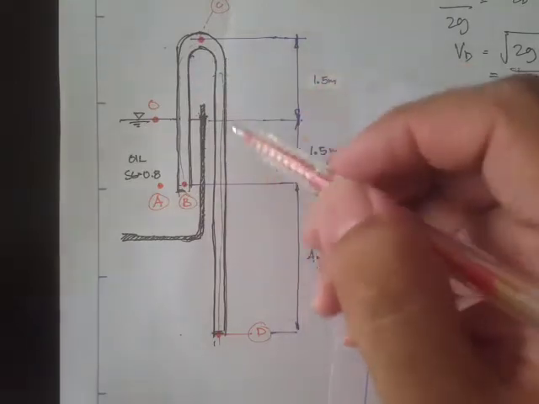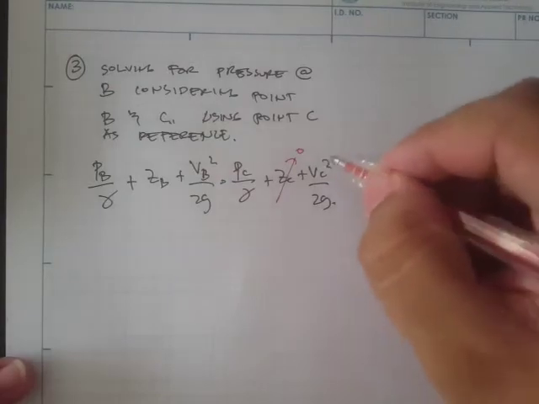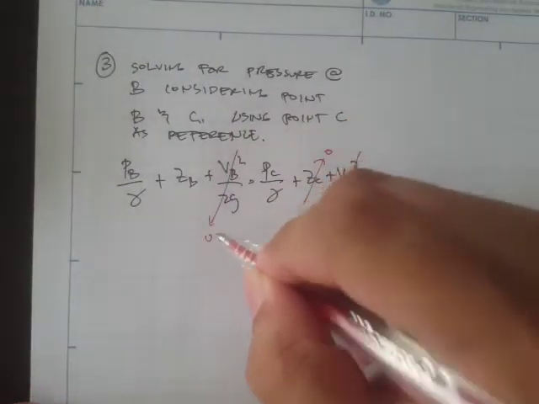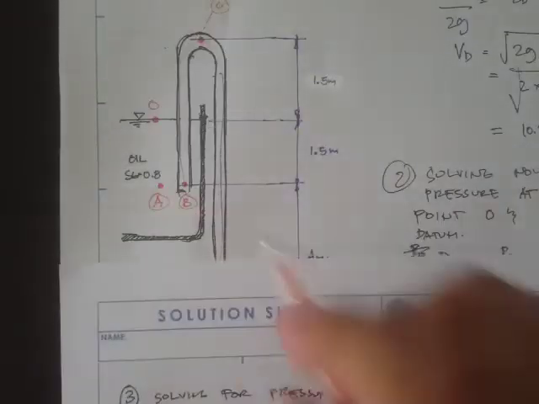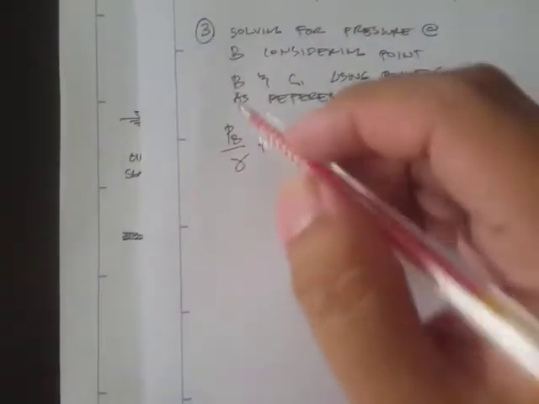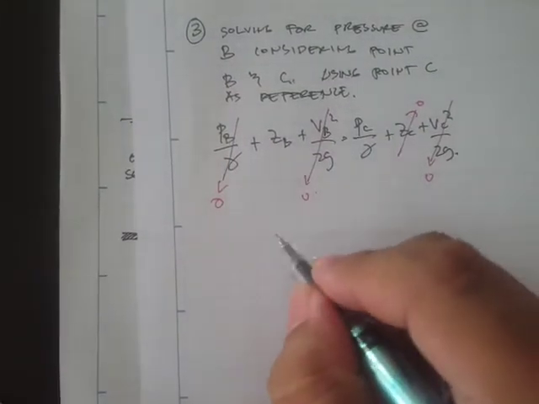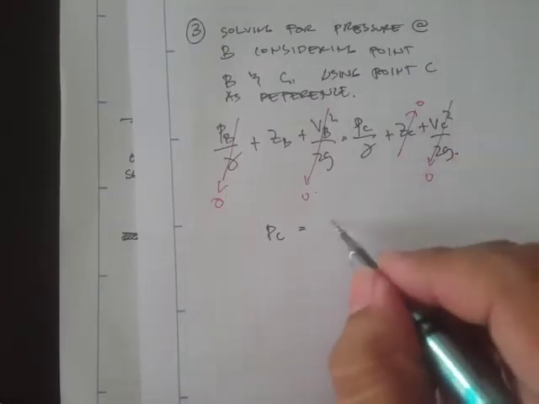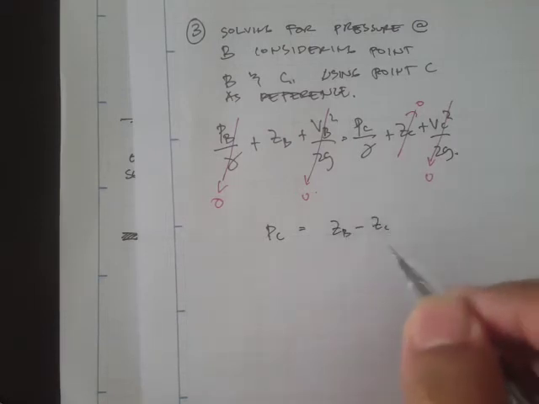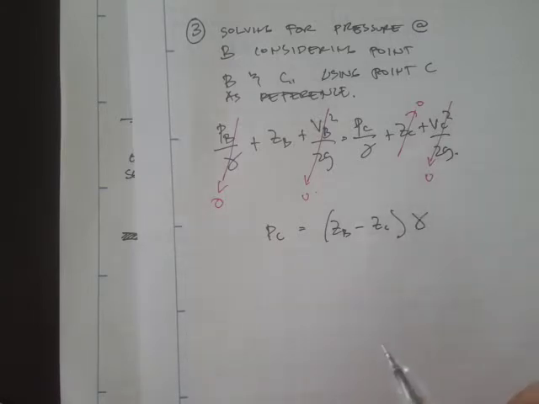And our velocity head, since we are inside the tube, and the tube is a constant diameter tube, then this one would be 0, this one too would be 0. And since we have an atmospheric pressure at O, then this also would be 0. Therefore, P_B is just equal to Z_B minus Z_C, right, times the unit weight.